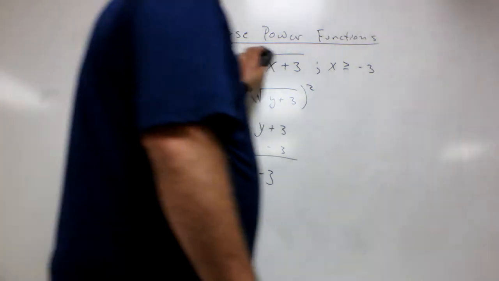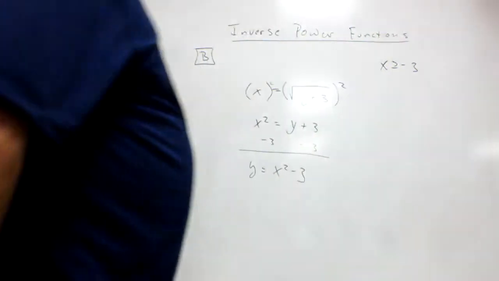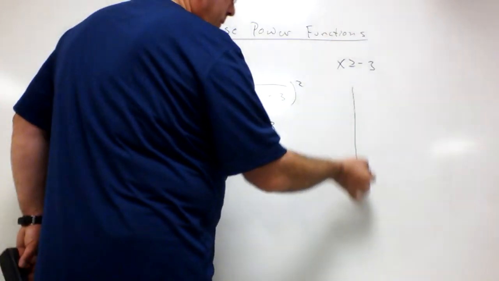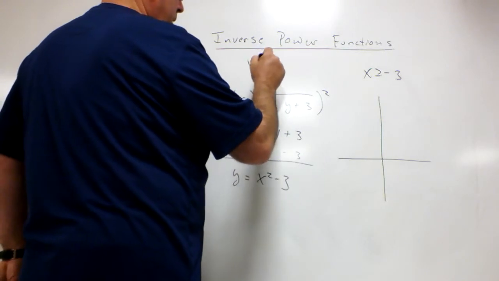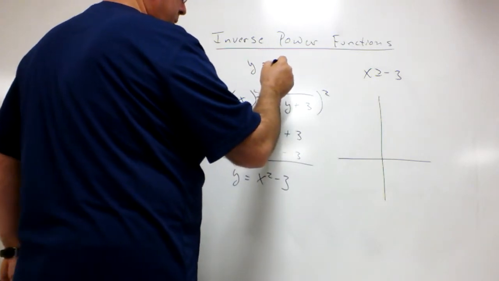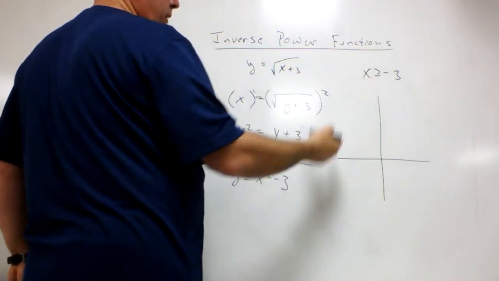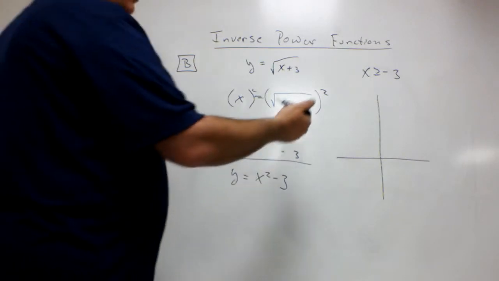Now the interesting thing here is that we wanted x to be greater than or equal to negative 3. So if we look at the original function, if we graph y equals the square root of x plus 3, where x is greater than or equal to negative 3, then we're only taking part of the graph.